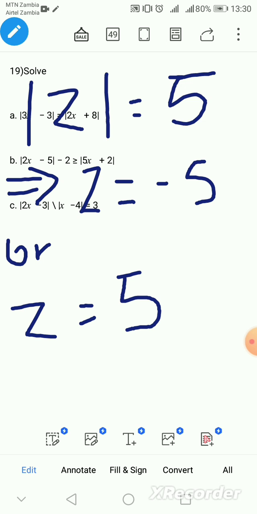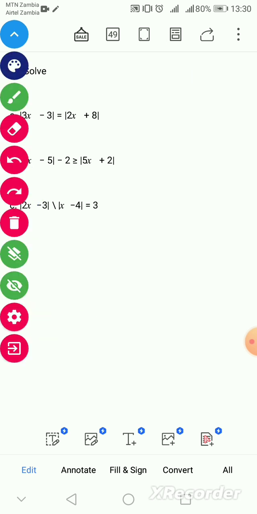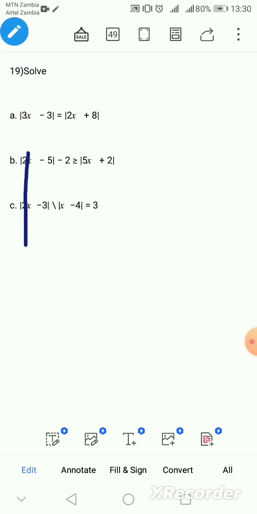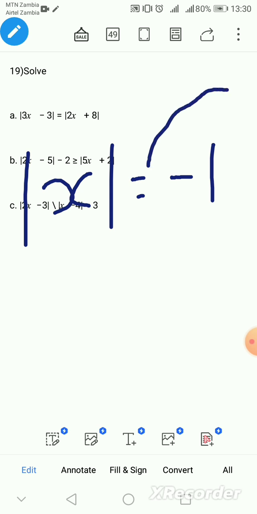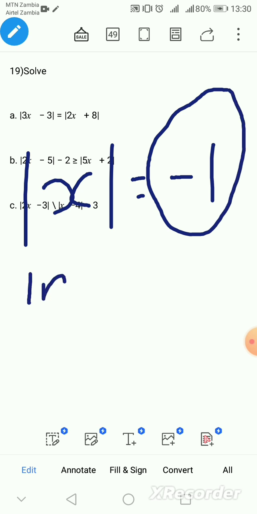Now, before we go any further, if you come across an equation like this, the modulus of x is equal to maybe -1, and then you're asked to find x. When you are given a modulus and a negative outcome, such an equation is invalid.